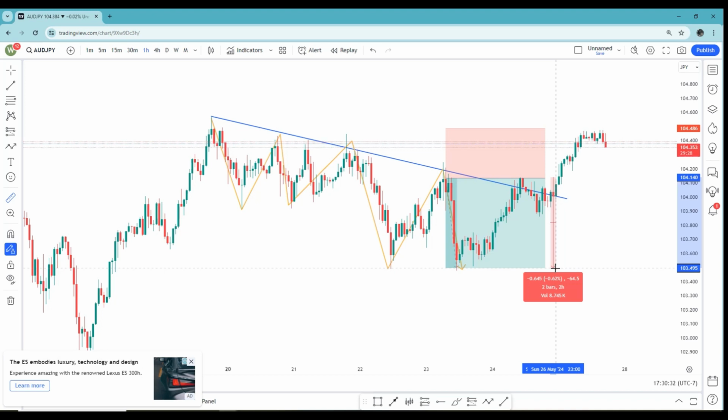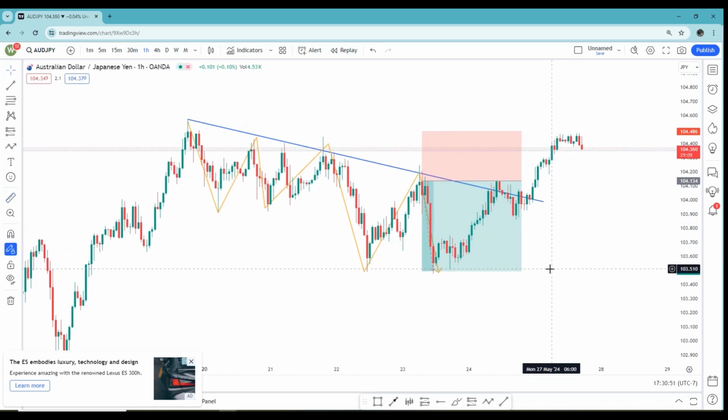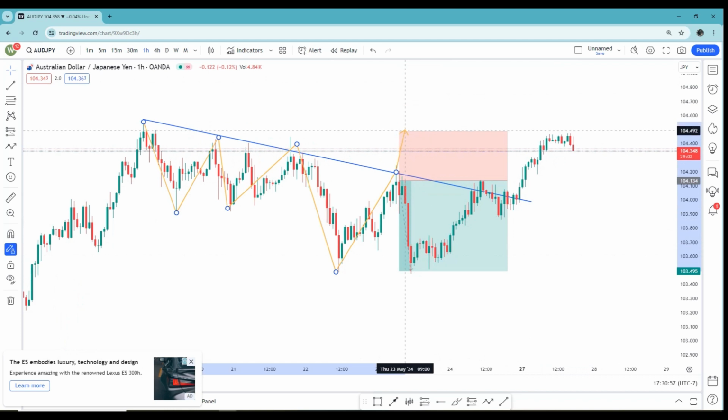The other thing, my brother, I want to tell you, which I've never told you before: do not forget to protect your profit as soon as the market moves into profit. You understand? As soon as you entered here, your stop loss is going to be here.